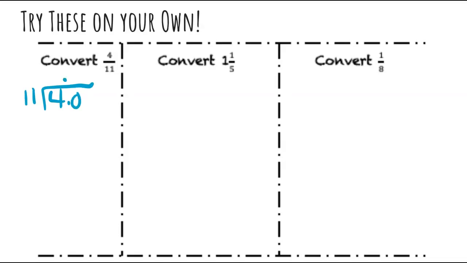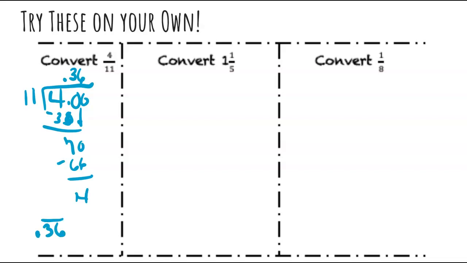Put in our decimal point. 11 goes into 40 3 times. 33, we get a 7. 11 goes into 70 6 times. Already I see I got a 4 again, which means that same pattern is going to repeat. It's going to go in 3 times and then 6 times, and 3 times and then 6 times. So what I have is 0.36 with a line over both the 3 and the 6 because they both repeat.